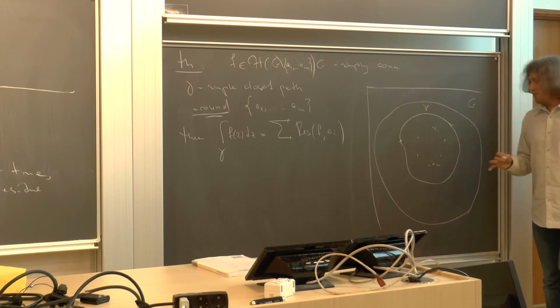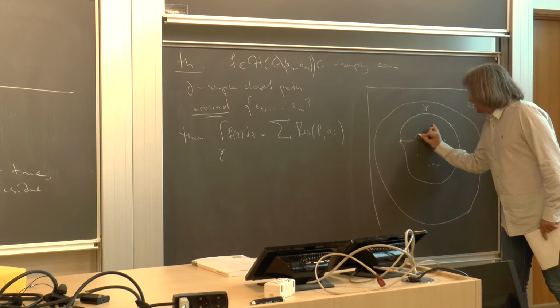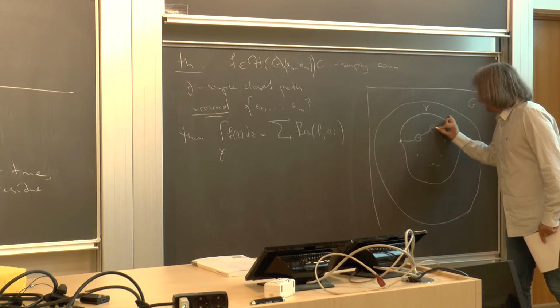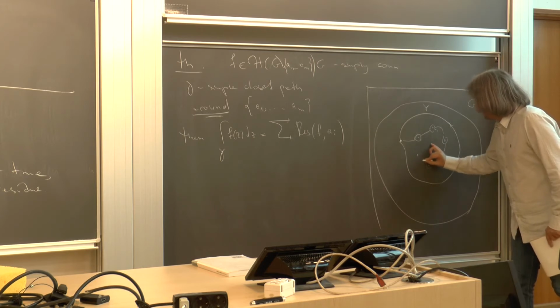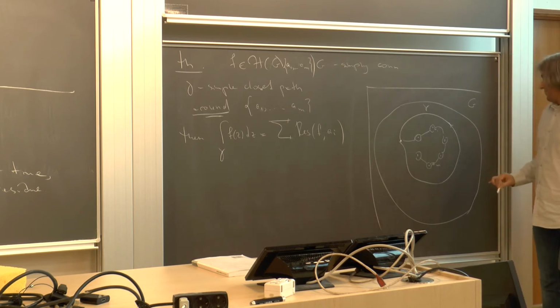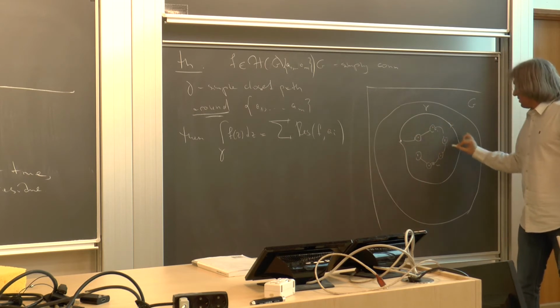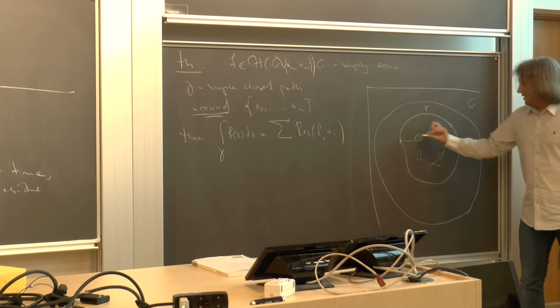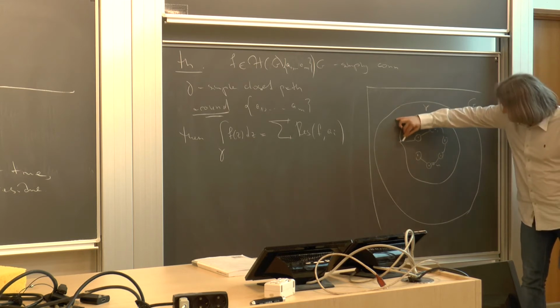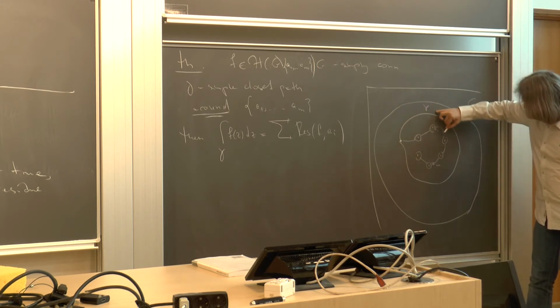One way to prove it is to just unite all these points by a path like this, and then consider a path which goes around all of them and returns. So it would be a contractible path. It will be like this.